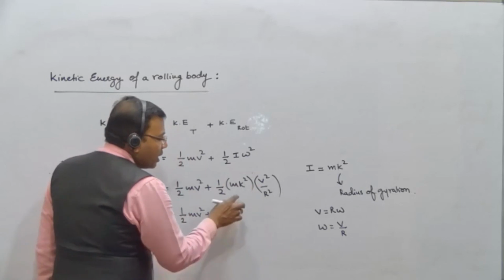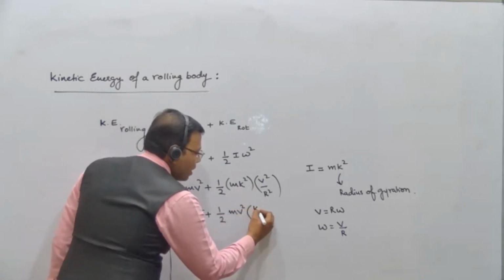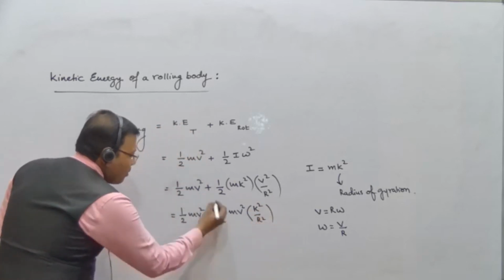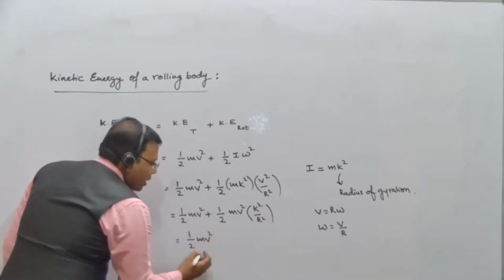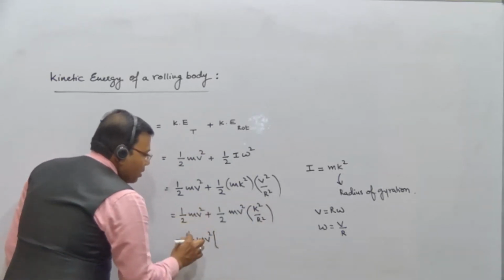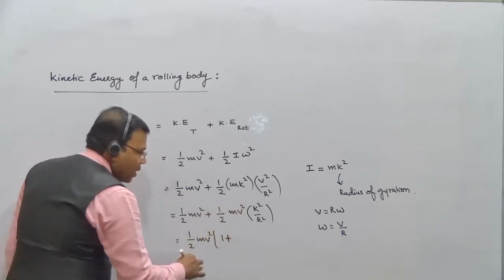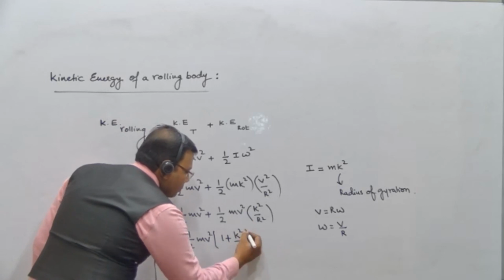What is left out then? k square, r square is left out. So that I'm writing here separately, k square by r square. Now what I can take common from this? I can take common half mv square. Here 1 is left out plus here completely half mv square is outside. So here what is left out? k square by r square.